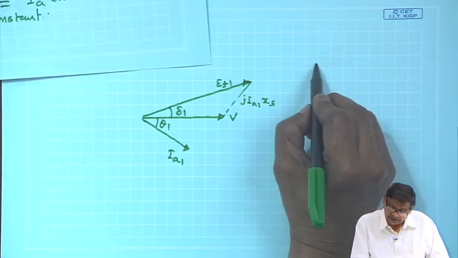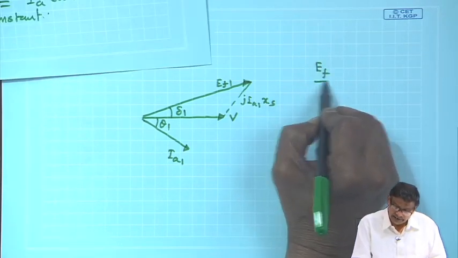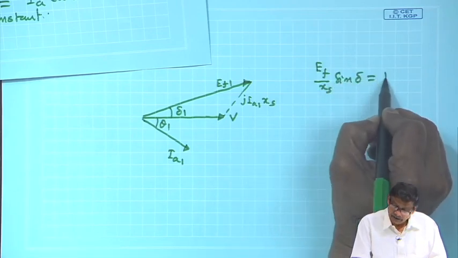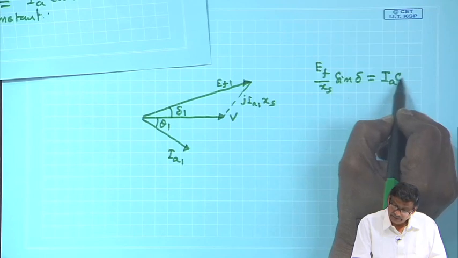So, we have seen that E_F by X_S sin delta is equal to I_A cos theta.